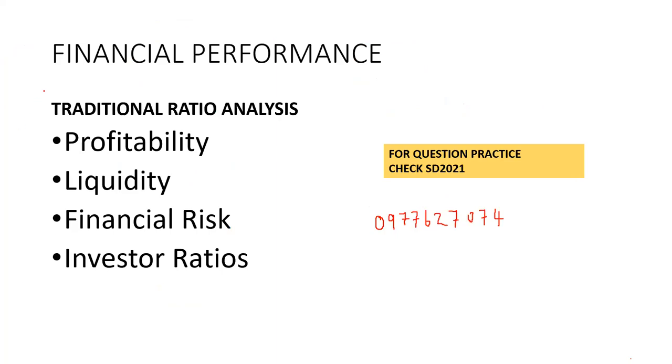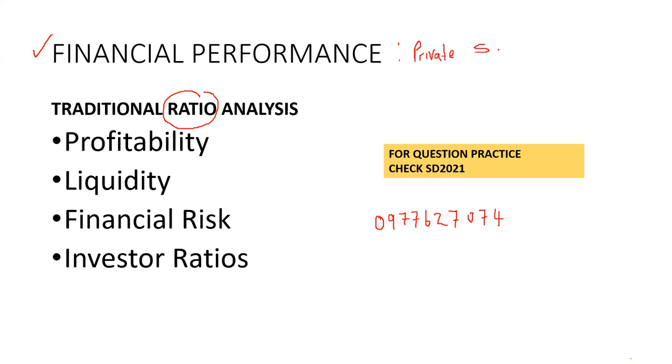Traditional financial performance for the private sector has hovered around what you call traditional ratio analysis. So when you come to this area of the syllabus, the first thing that you do is you focus on financial performance in the private sector.